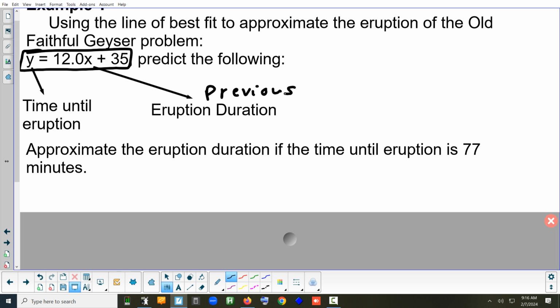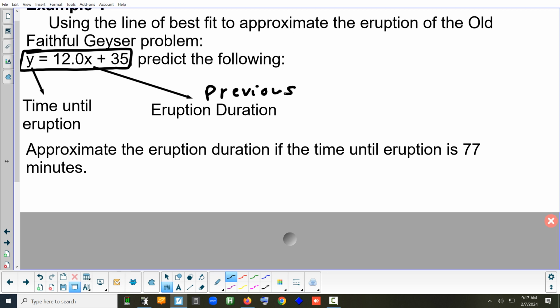Now, let's say the previous duration was real short. Like people that were waiting for it, it only went off for a minute. Well, if it only went off for a very short time, then it's probably going to go off again soon because it still has a lot of energy to get rid of. Does that make sense? All right. So Y is the time until the next eruption, and X is the previous eruption duration.